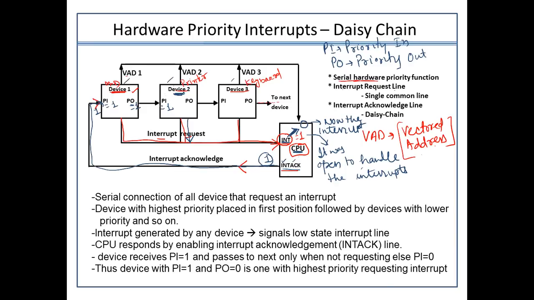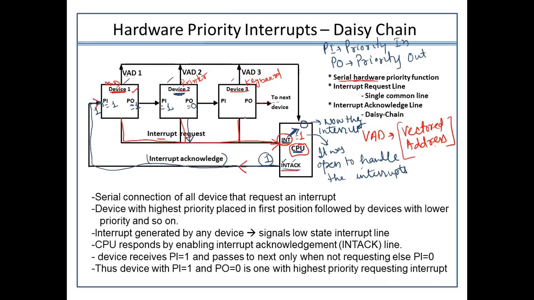So what happened in this case? Now this device has sent the request. It will accept this acknowledgement signal, because this 1 value is nothing but the acknowledgement signal, right? As soon as device 2 has received this value, it will send the 0 value, because it accepts the acknowledgement signal and says, yes, I was the one who sent the request.